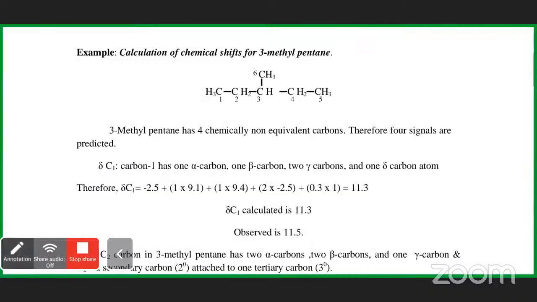Take this, here the 9.5 value is for the alpha carbon, right? The alpha carbon is 9.5, and so the carbon is 9.4 and minus 2.5.